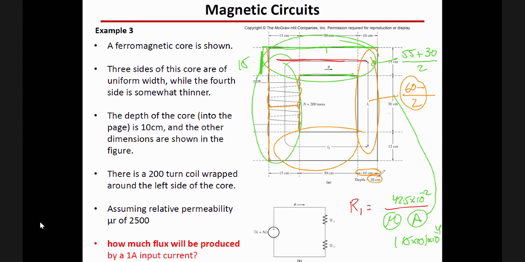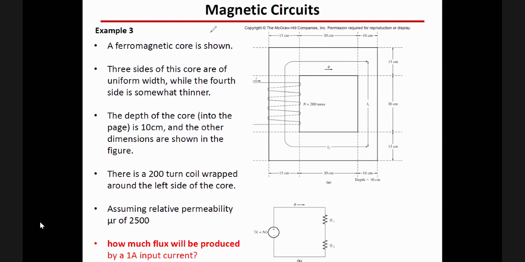So this is representing the circuit with four reluctances. If you want to draw it, it will be like this: source, reluctance, reluctance, reluctance, reluctance.